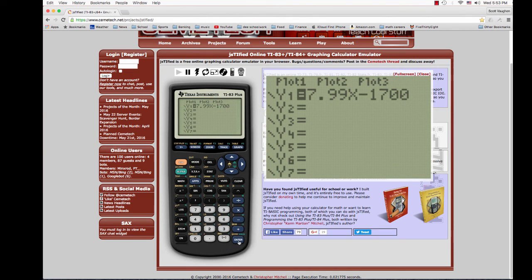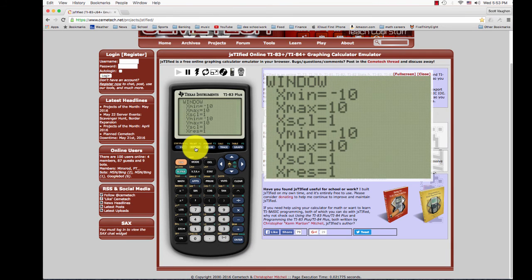Now you need to think about a reasonable window for this. So remember, I was going from like negative 1700 up to around 300 or 212, something like that was where it crossed. That was the X-intercept. And I know that about 338 was the X value that she had to sell to make $1,000 profit. So set the window like this.